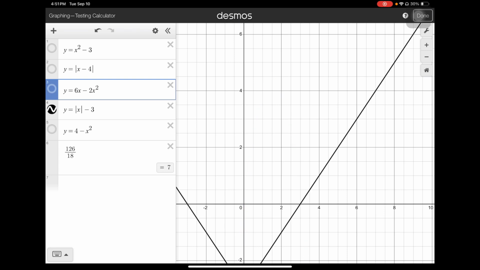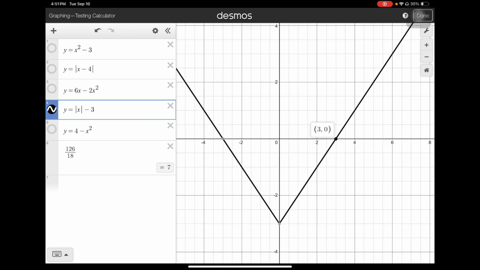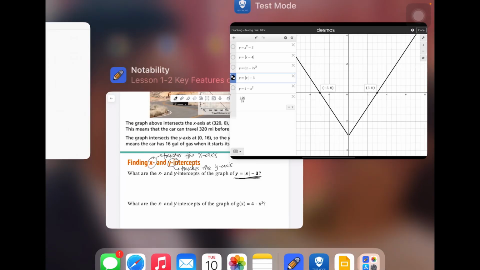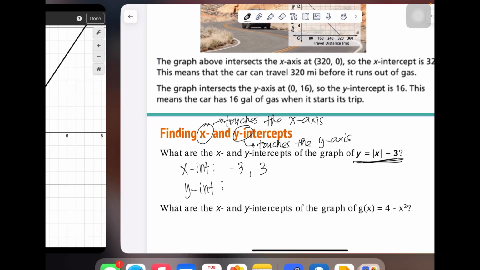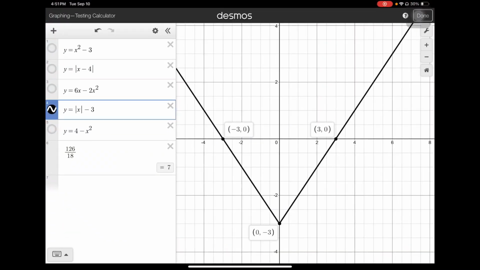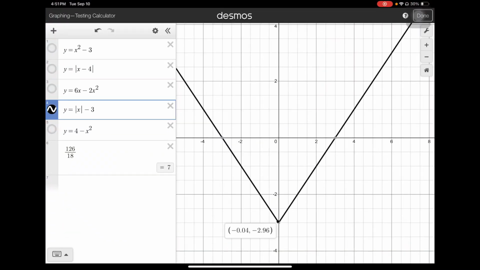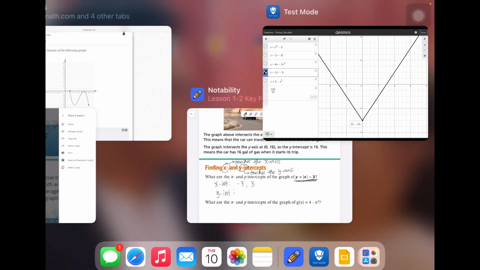What are the points that touch the x-axis? 3 and negative 3. So your x-intercepts are negative 3 and 3. And your y-intercept, that touches the y-axis, is negative 3.